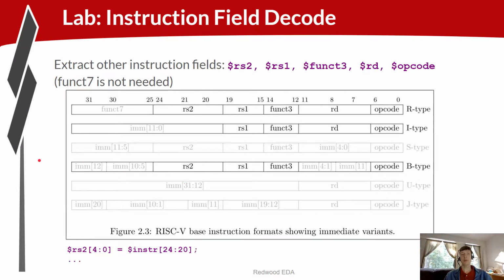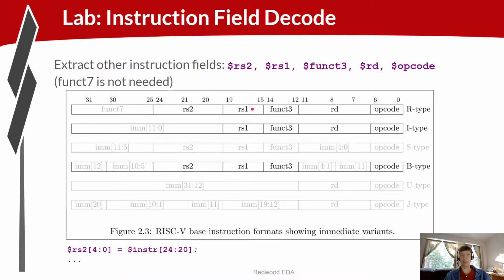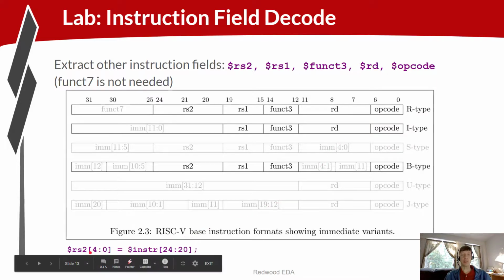All right, the next thing to implement for the decode logic is to pull out the various fields of the instruction. So we've taken care of the immediate fields. Now we're going to take care of the remaining fields and just pull them into their own signals. So for each of the fields here, RS2, RS1, Func3, RD, which is the destination register, and opcode, we're going to pull those into separate signals.